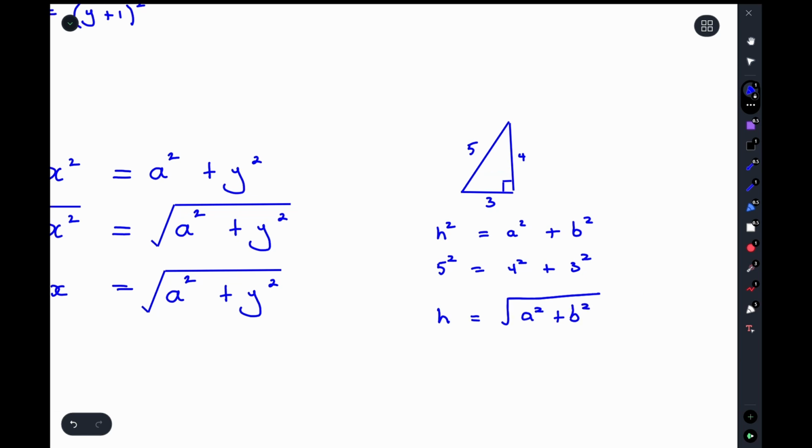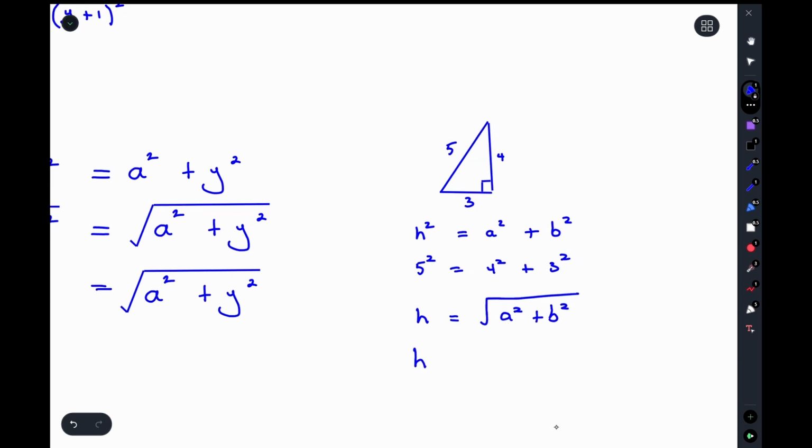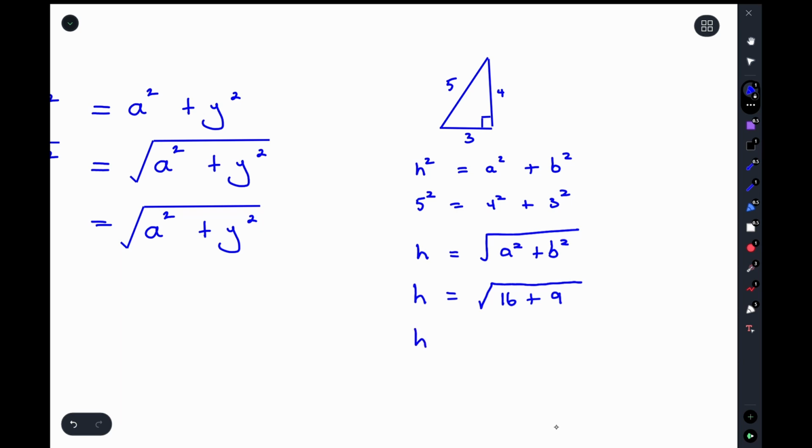So h is equal to the square root of 4 squared, which is 16, plus 3 squared, which is 9. So h is equal to the square root of 25, and h is 5.